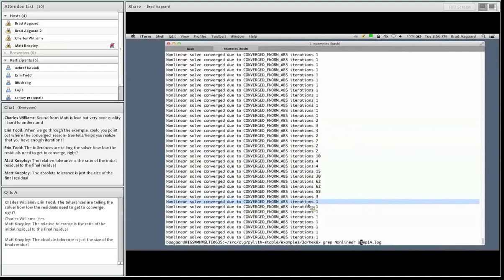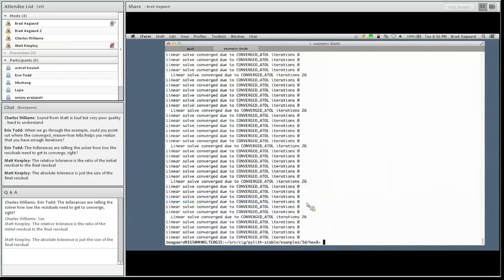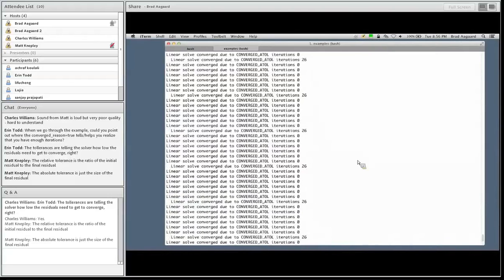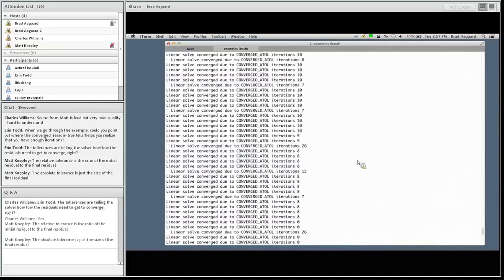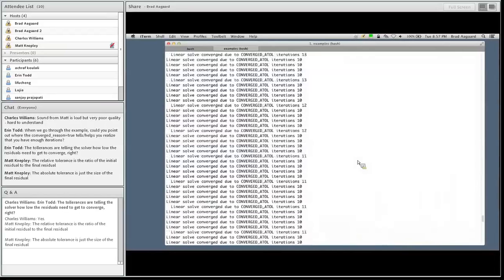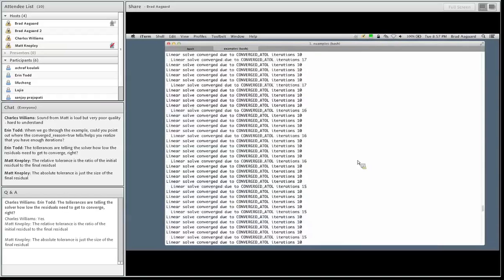And then we can also look at what our linear solve is doing. And you'll see most of our linear solves were taking an error of about 26. They were converging to the absolute tolerance because we really pushed our relative tolerances down.